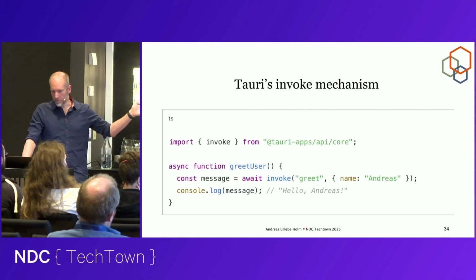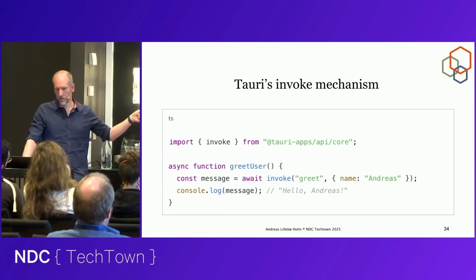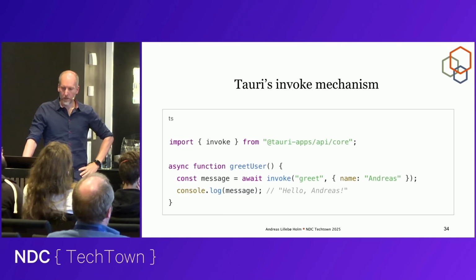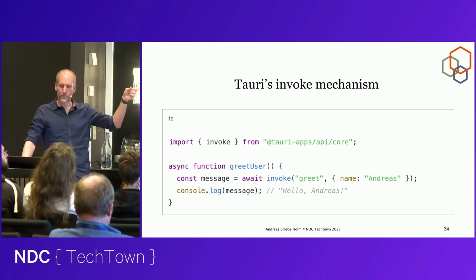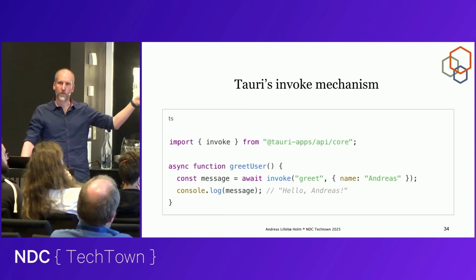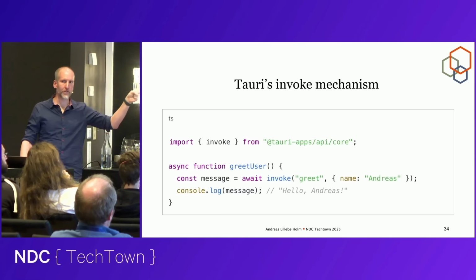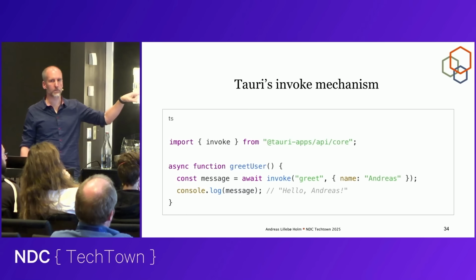So, some code examples. Here you have the TypeScript side, where you can import @tauri-apps/api/core, and you get invoke from that. This is what I was talking about with the invoke key protection. If you try to do this and you don't have the invoke key, it will just fail with an exception.